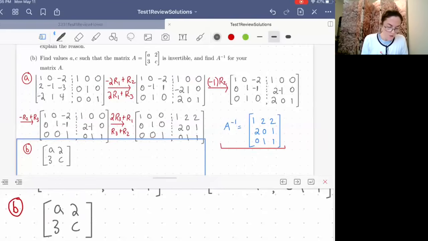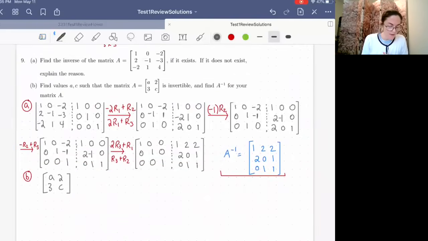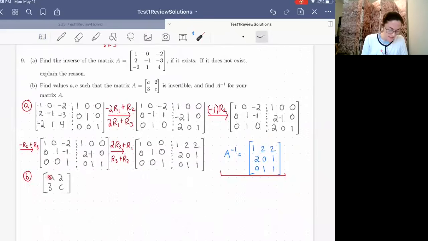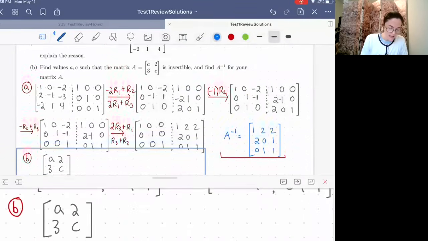For a general matrix, you don't have to worry about what a determinant is yet, because that's coming later in the semester. But for 2 by 2s, the determinant of this is, well, let me get my laser. It's this minus this. So this gives us a characterization of exactly when 2 by 2 matrices are invertible.